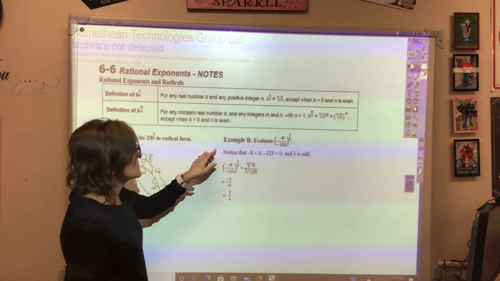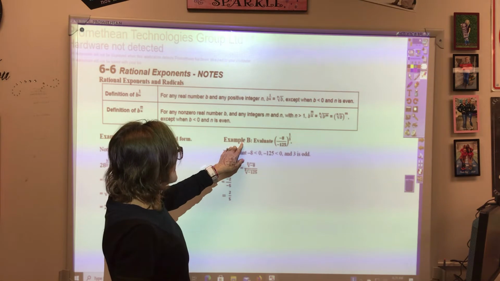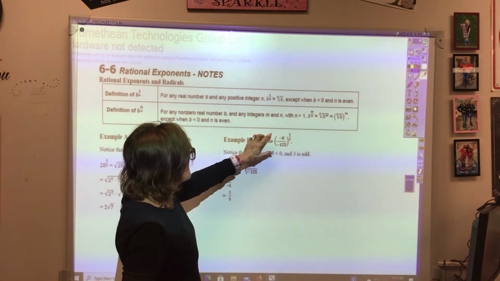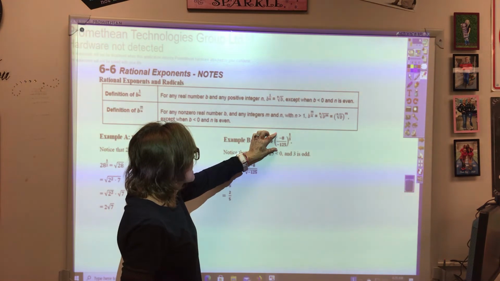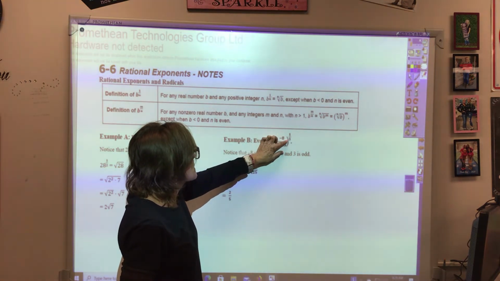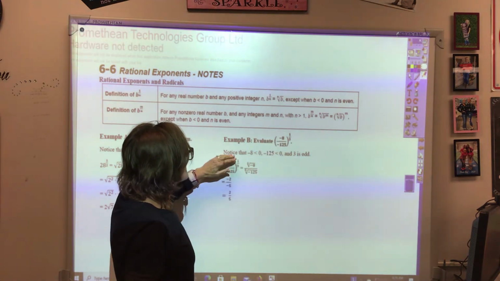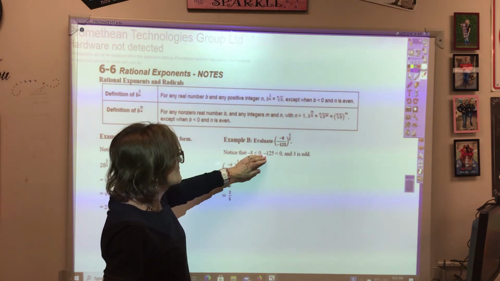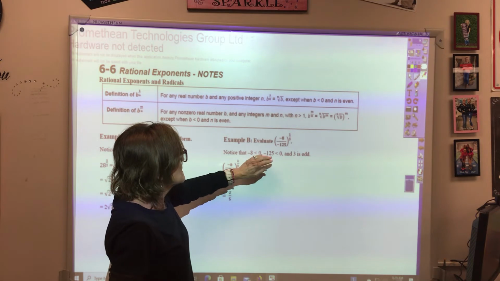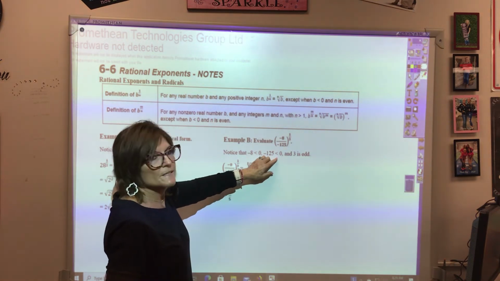The second example that we're evaluating is -8 over -125, all raised to the 1/3 power. Notice that -8 is less than 0 and -125 is less than 0, but 3 is odd, so we can take this root.